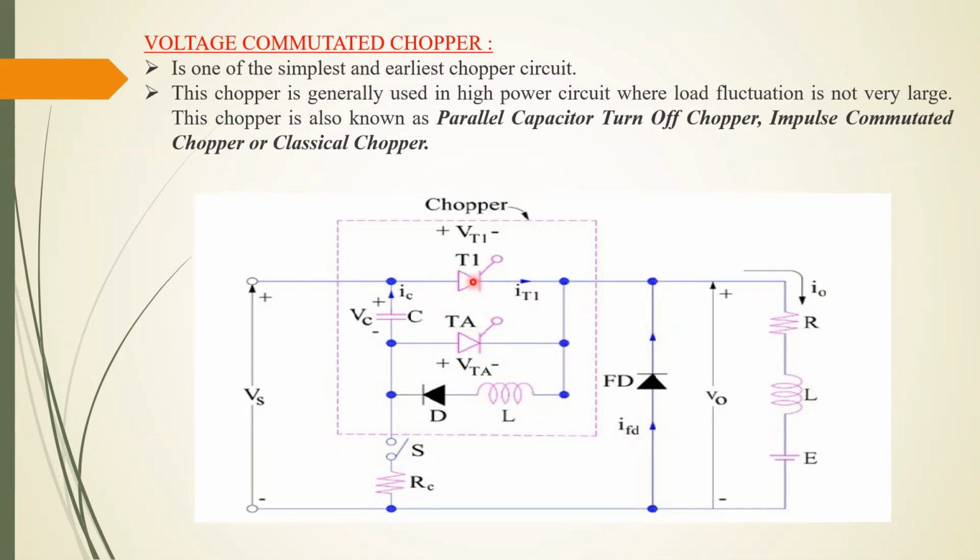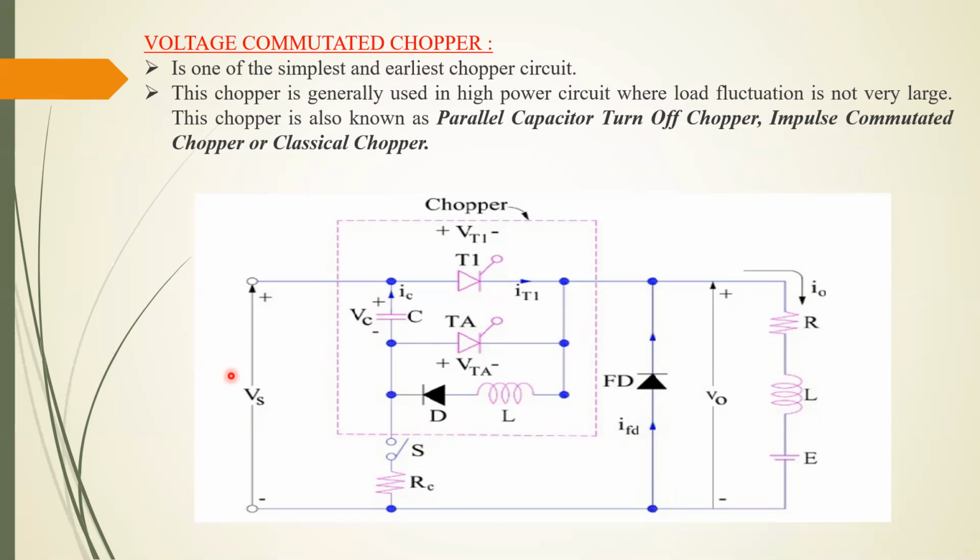So T1 is the main thyristor, TA is the auxiliary thyristor, with diode, L and C. Here R, L, C and the diode form the commutating circuit, because it is involved in the commutation of the main thyristor T1 through the auxiliary thyristor TA. Here the freewheeling diode is connected across the RLE load.